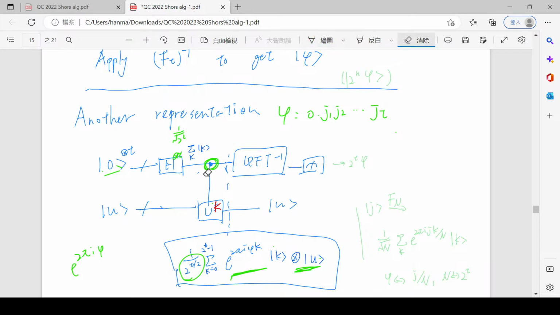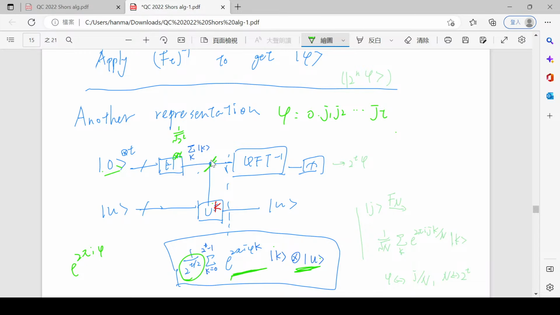So I should probably write this as a control slash. This is something we never talked about before. Before, we controlled on 1 bit, and if that qubit is 0, we do nothing, and if that bit is 1, we apply the unitary. But now we have a T-bit control.